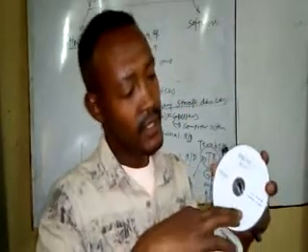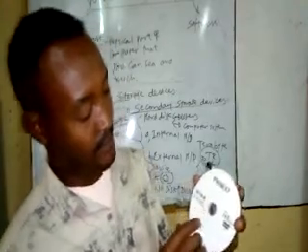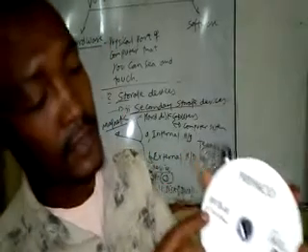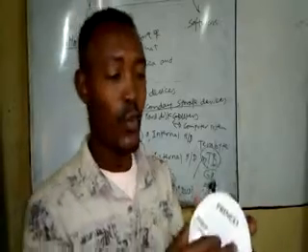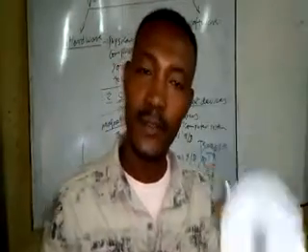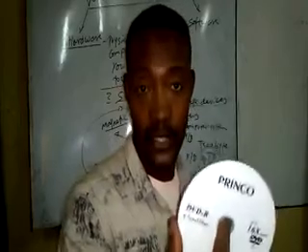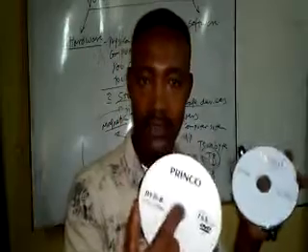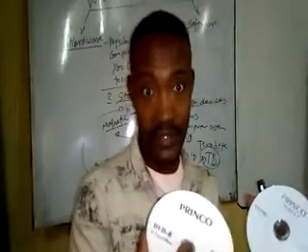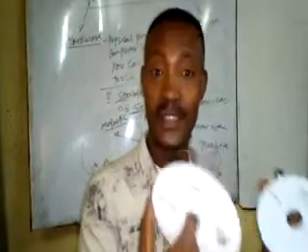This is 700 megabytes and this is 4.7 gigabytes. You see the difference? So approximately 6 CDs of information can be recorded on one DVD. Both are optical storage devices under secondary storage devices, and even large information can be recorded on them.